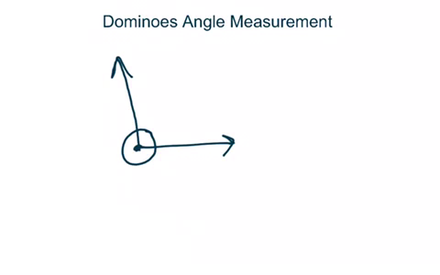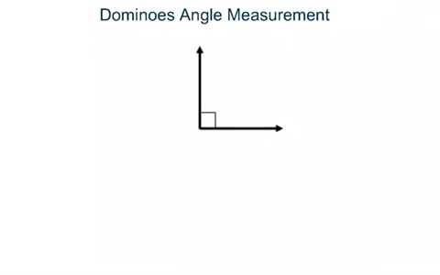So we're looking at this right here. That part of the circle, that circular arc, between the points where the two rays intersect. So this arc right here.